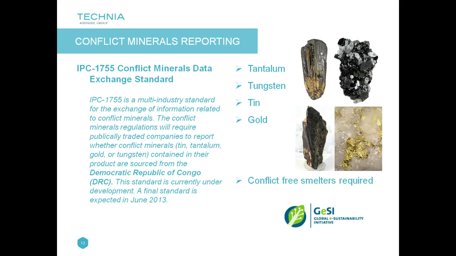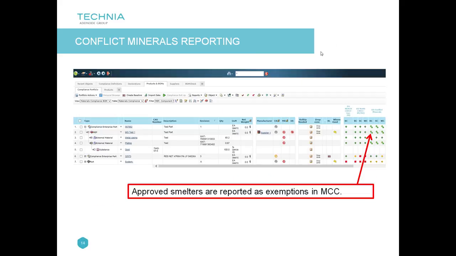Another area where we see an increased interest in finding a solution for materials compliance is the conflict minerals. So that is something that you can also report in the tool, the status updates there for the suppliers and the parts there. And the approved smelters that are used within the conflict materials, they are reported as exemptions in the MCC, so you will see that later.